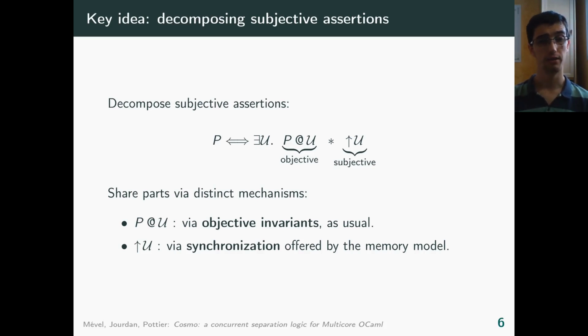The first part, P at u, is objective, so it can be shared via an invariant, just as in usual concurrent separation logics. Regarding the second part, sharing ↑u means exchanging information about write events between threads. So in other words, it means synchronizing. So we will rely on some form of thread synchronization that is provided by the memory model.